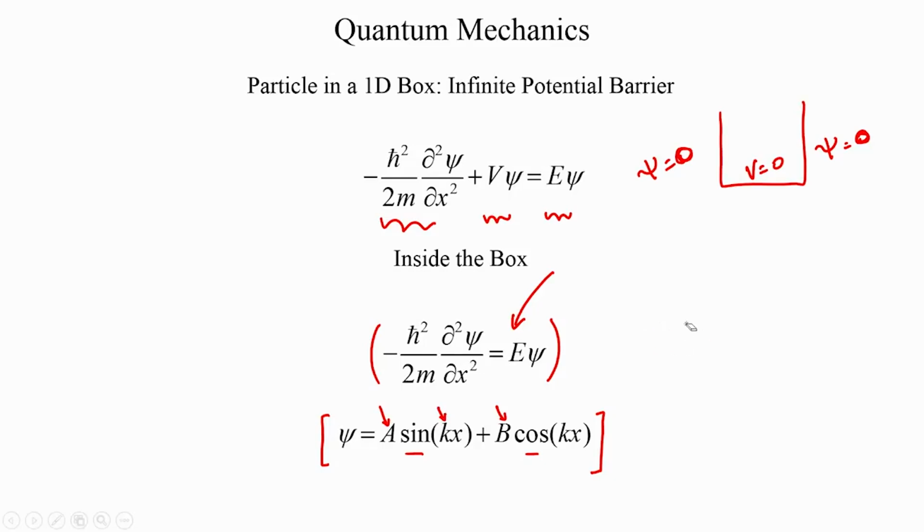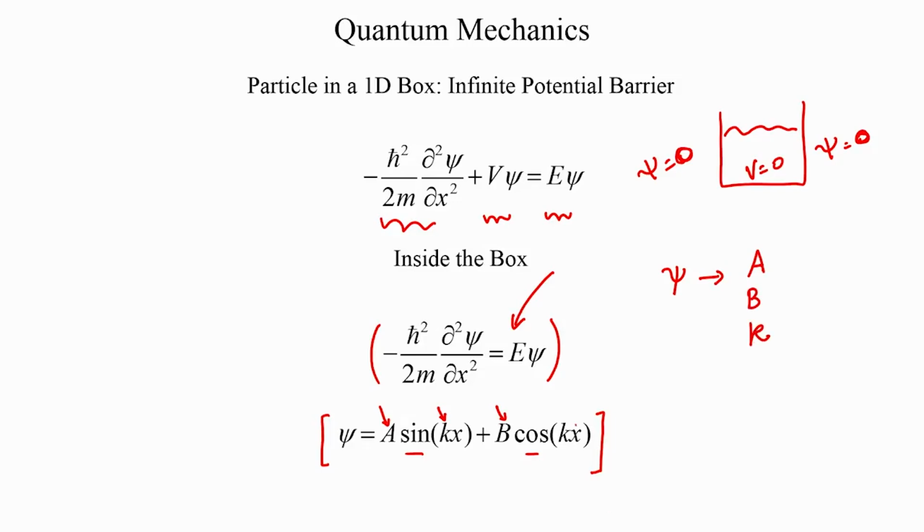So, from this point on we are going to apply the correct boundary conditions to try and define the wave function of the wave particle inside the box more accurately, and in particular we need to identify the parameters a, b and k.